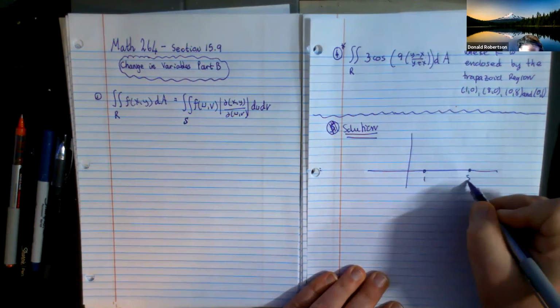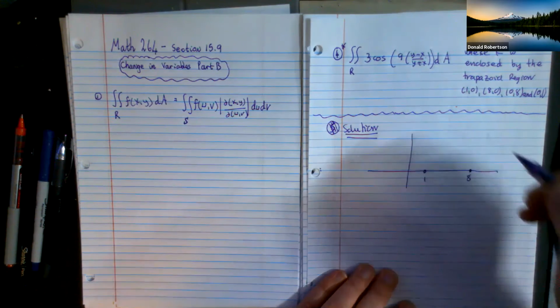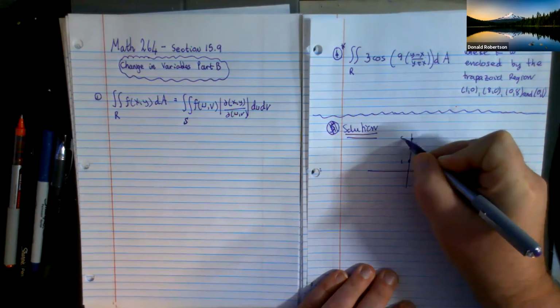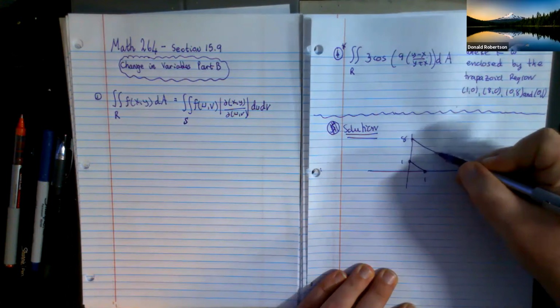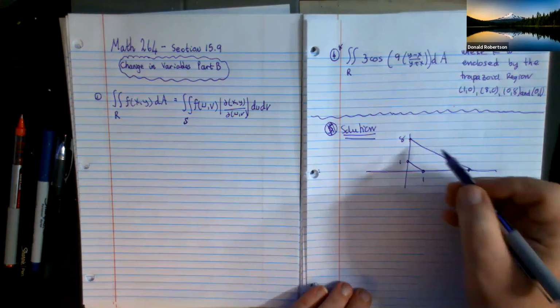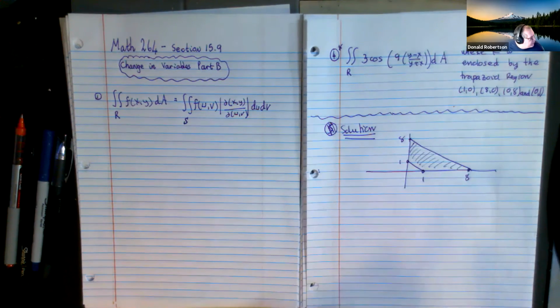There's 8, 0. There's 0, 1. And 0, 8. And here is the region that they're talking about.